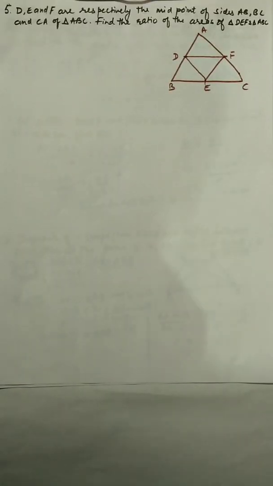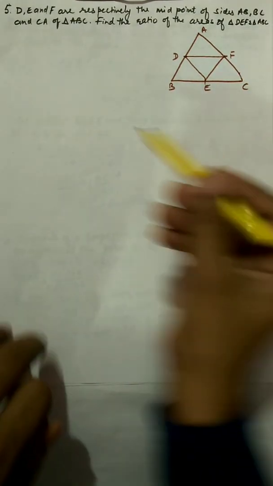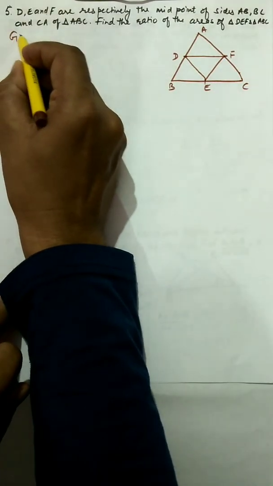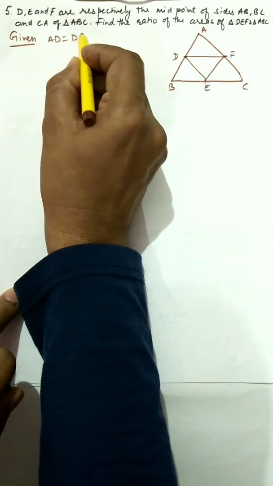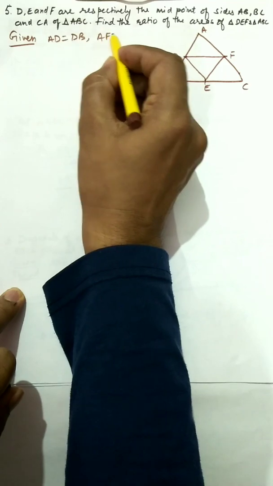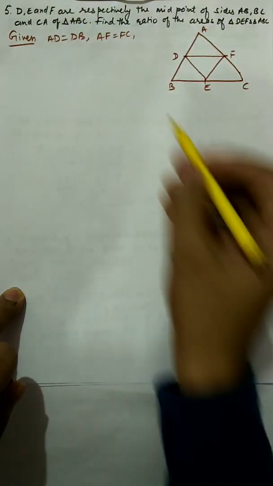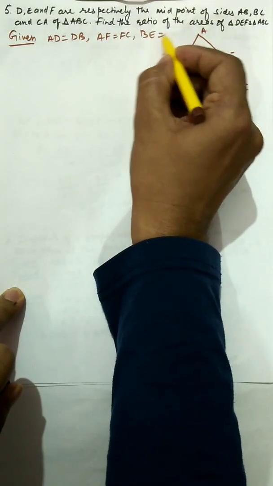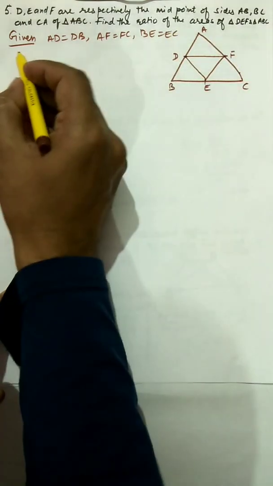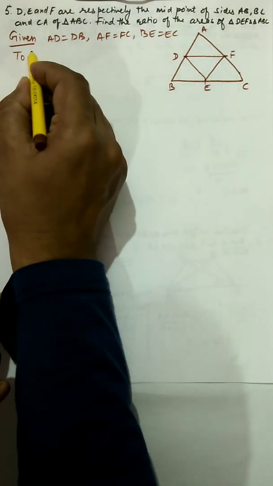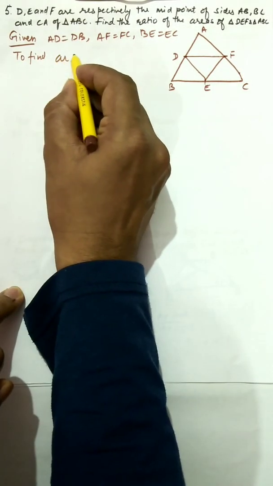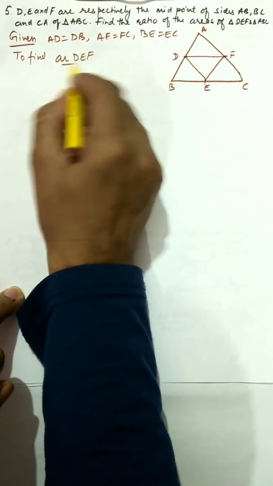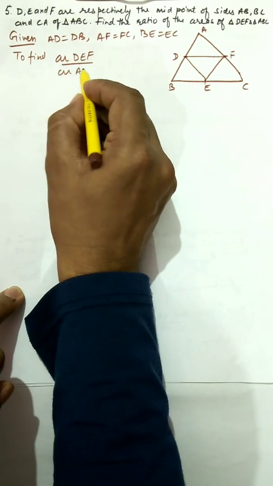Now see question number 5. D, E, F are midpoints of AB, BC and AC. So we write this as given: AD is equal to DB, AF equal to FC and BE equal to EC. We have to find the ratio of area DEF upon area ABC.